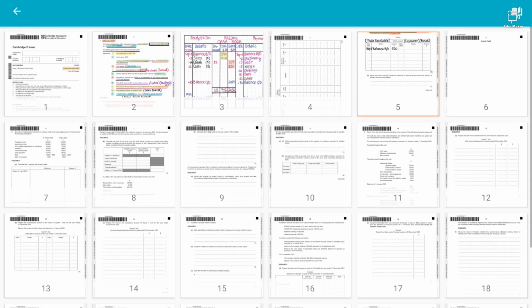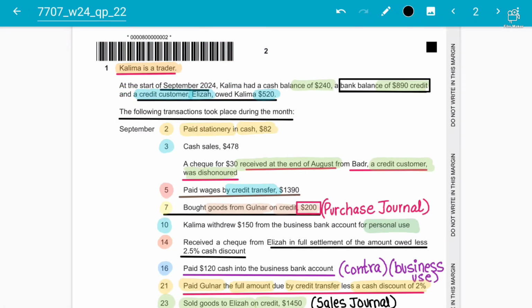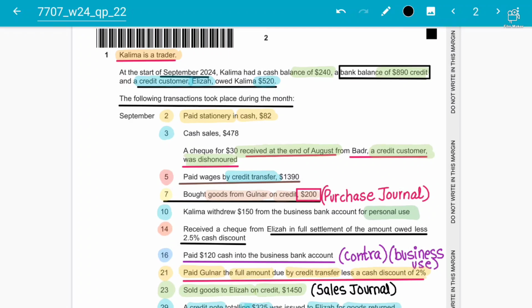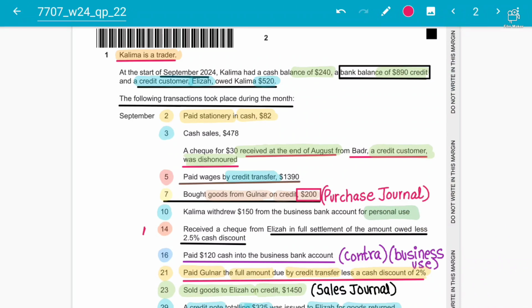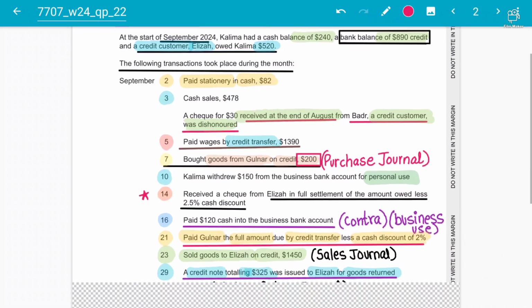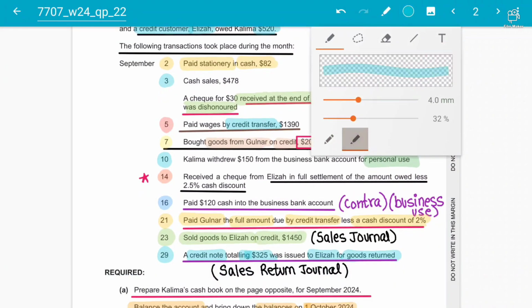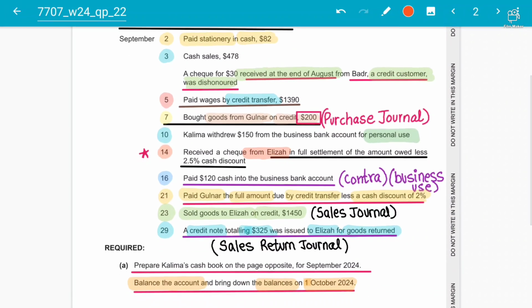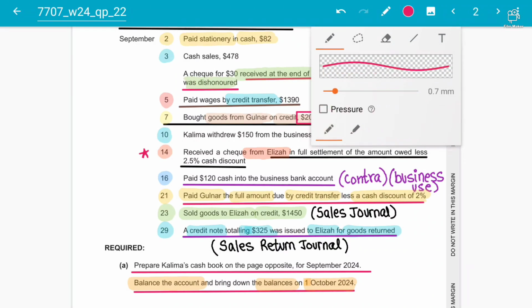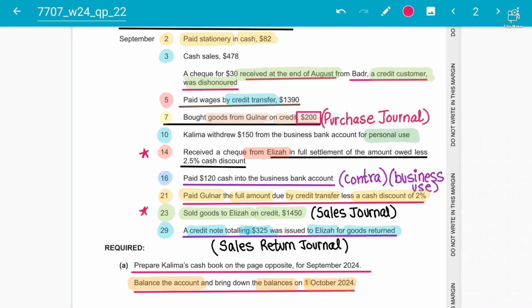Then, as we can see, a couple of transactions happened. We received a check. Let's mark those transactions. The September 14th transaction was related to Alize. Then the September 23rd transaction and the September 29th transaction. All three of these transactions, students, will be going in Alize's T account.